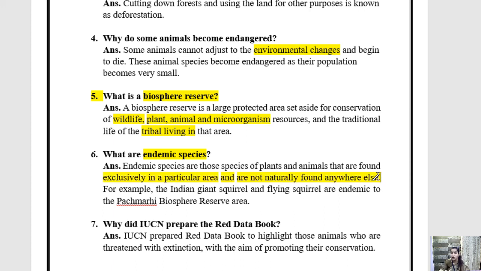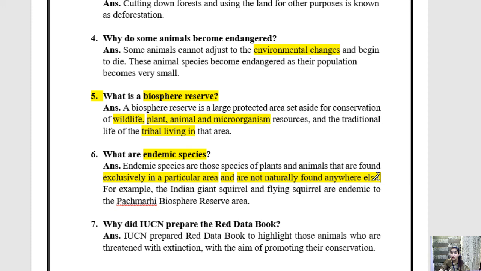So this is endemic species. We have examples like the Indian giant squirrel and flying squirrel, which are endemic to Pachmarhi Biosphere Reserve. This is in Madhya Pradesh. Okay. So they are endemic species.